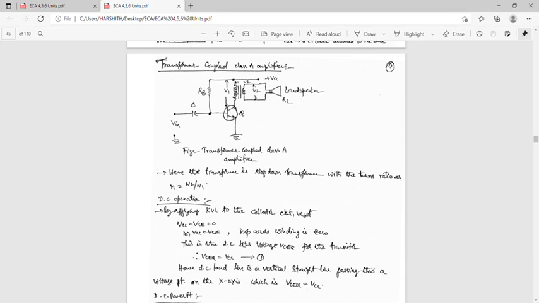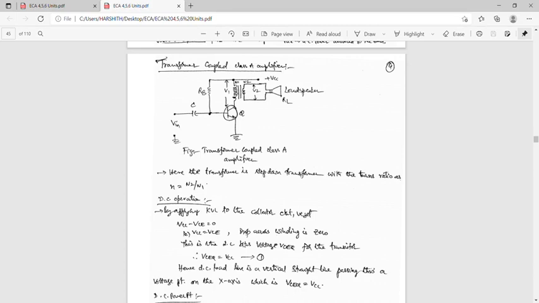Hence for DC the resistance is 0 ohms, and there is no DC voltage drop across the primary winding of the transformer. So the slope of the DC load line, which is the reciprocal of the DC resistance in the collector circuit, is ideally infinite.